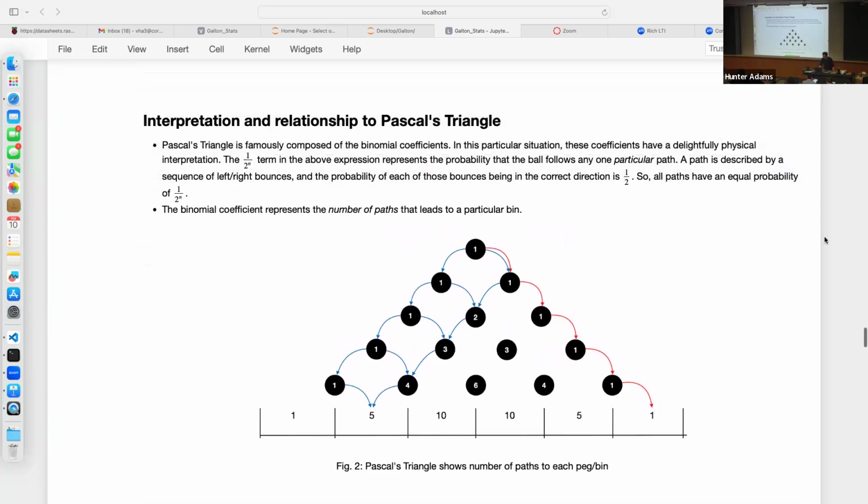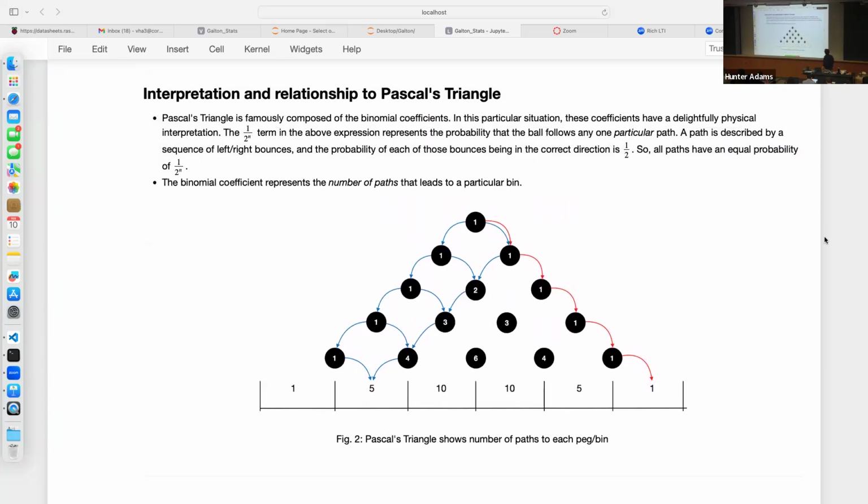It has a bunch of other interesting properties that I won't necessarily get into, but in the context of this conversation, what it ends up representing is the number of paths that a ball could take to a specific location. So for instance, we have a 5-row Galton board here, and here are all the bins beneath the Galton board.